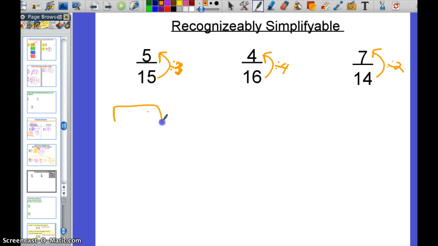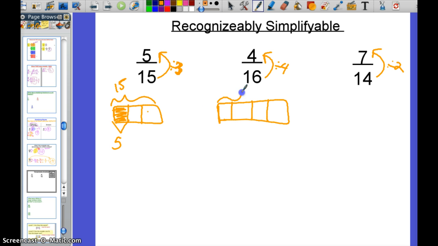So just to make that more clear, using our bar models for one of them, I said that 5 is 1/3 of 15. So if this whole thing is 15, one of these thirds would be 5, okay? And so I also said here that 4 is 1/4. One of these fourths is 4. So 4 is 1/4 of 16.